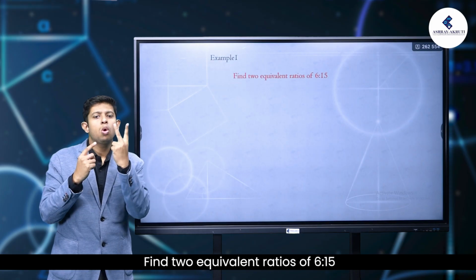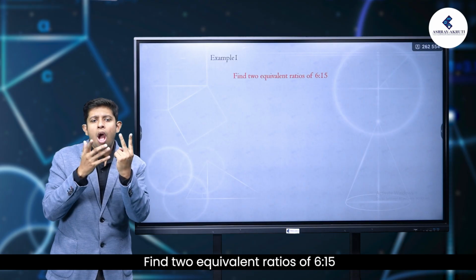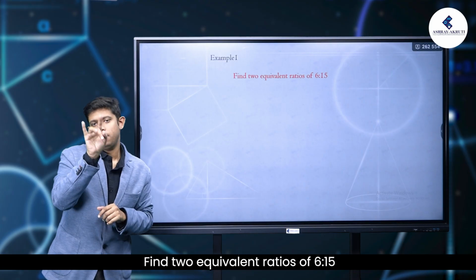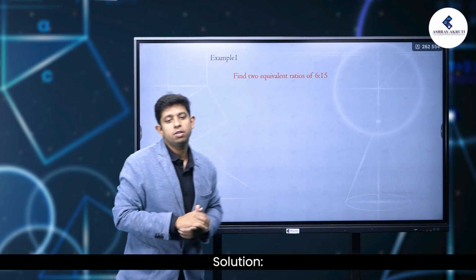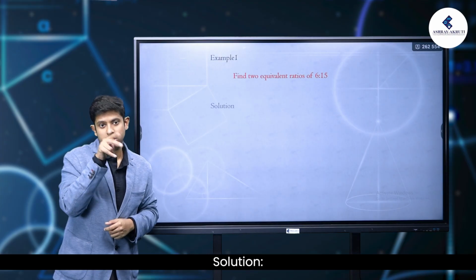Example 1. Find two equivalent ratios of 6 is to 15. Solution.